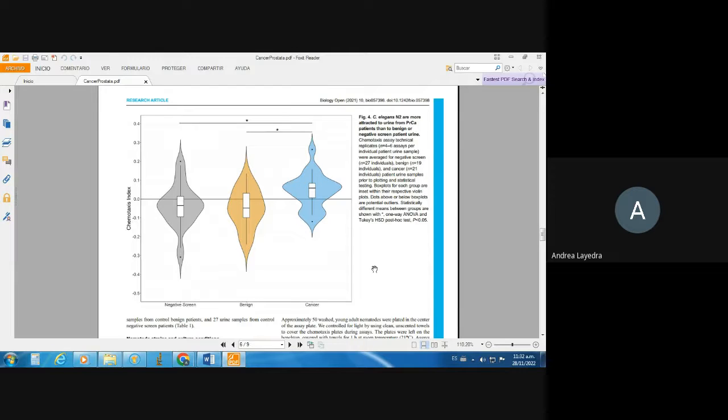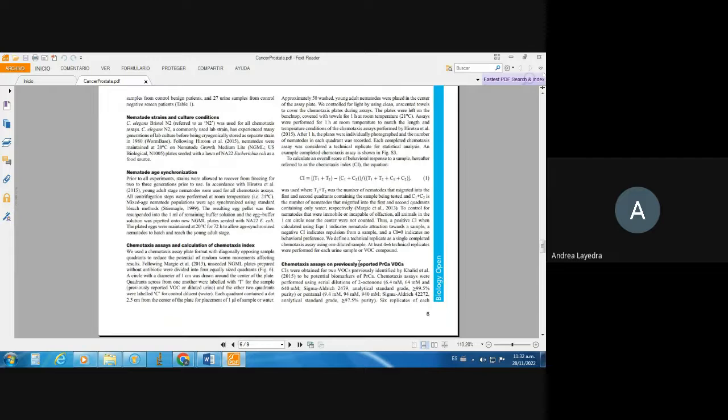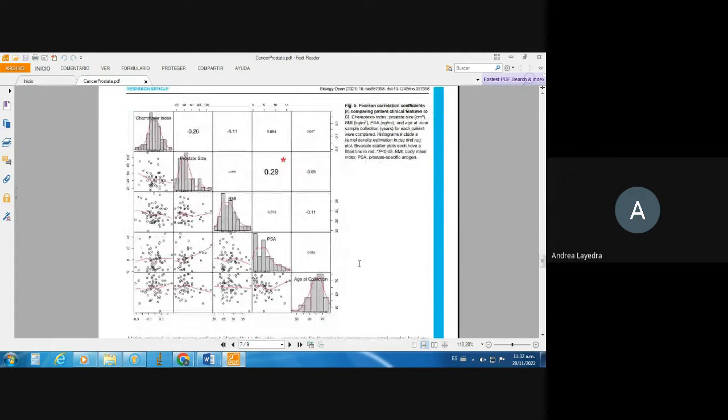And then they found that prostate cancer urine samples had chemotaxis index significantly higher compared to benign and negative screening individuals when all technical replicates were considered for each patient sample. So to calculate sensitivity and specificity, they use classifications determined by pathology.